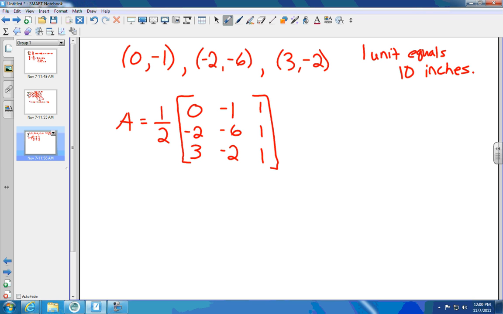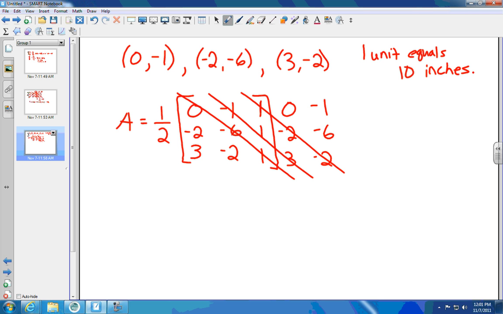Once you're at that point, then you solve it just like we did that previous example. So what do we need to do first to solve this one? Copy your first two columns over. Can we draw our diagonals? We get 0, -3, and 4.